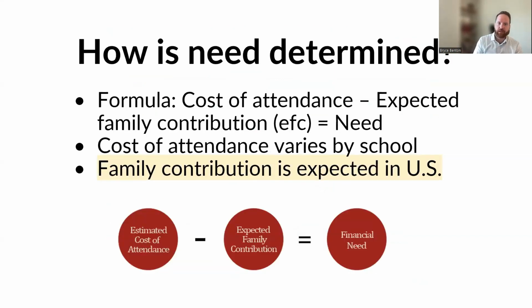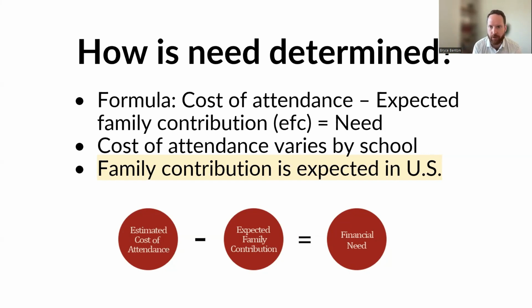All right, so this is diving into how need is determined. What is an expected family contribution? Just getting to the basics of that. It's a really simple formula. You have the cost of attendance that we talked about on the first slide, minus your expected family contribution, which would equal your need, or the remaining number that you would need to meet to be able to afford the cost.